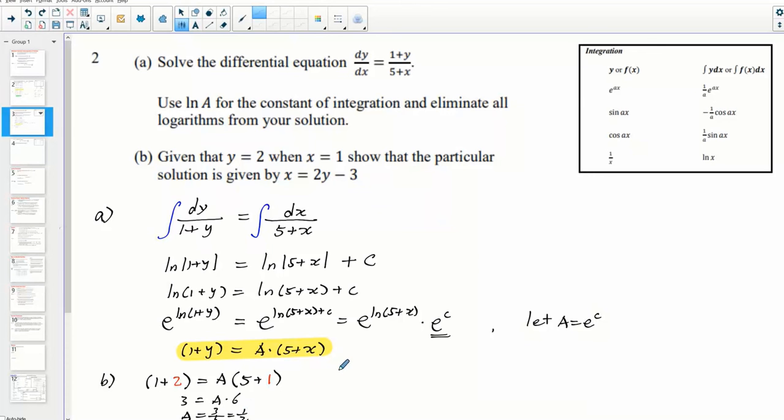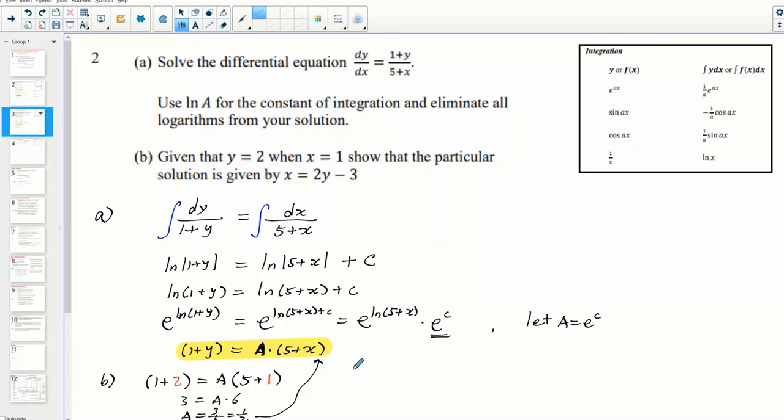So our solution then becomes... No, sorry. We'll have to put that solution back into the general solution so that we don't have an unknown constant. Our constant now is known, that a is known to be a half.